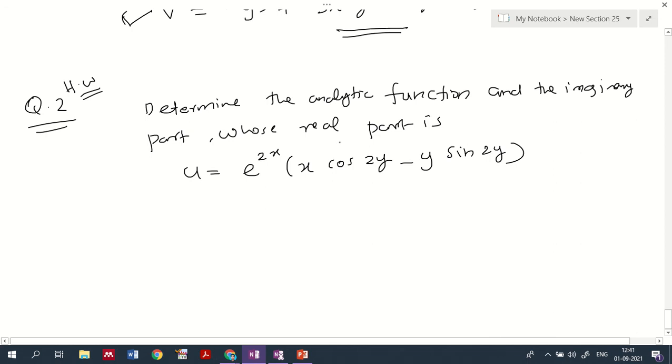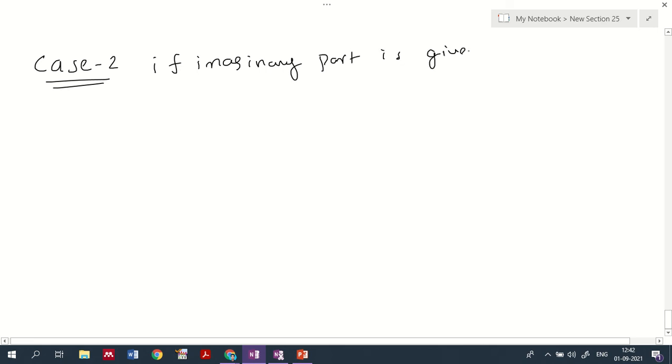Okay, so let me give one more case, and I'll give an assignment regarding that as well. So that is about the Milne-Thomson method. Okay, case 2 is if the imaginary part is given. Okay, if the imaginary part is given, then how do you find out the analytical function?